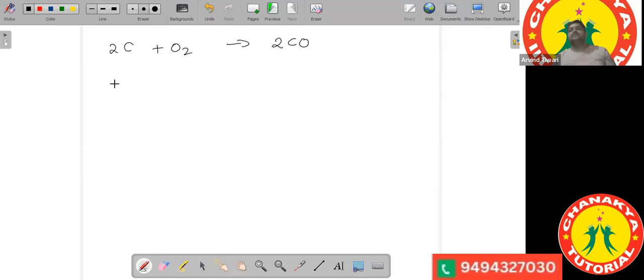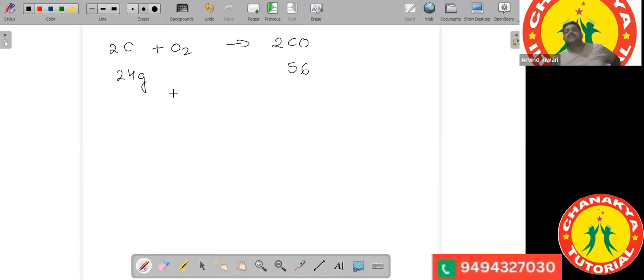Suppose you have 24 gram of carbon and here you obtain 56 gram of carbon monoxide.